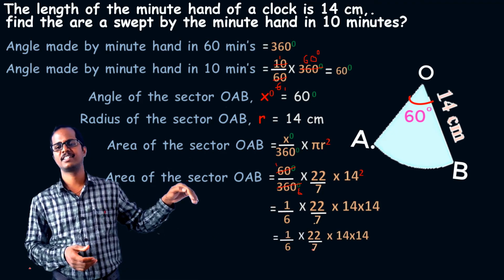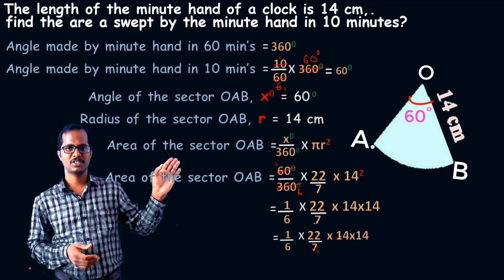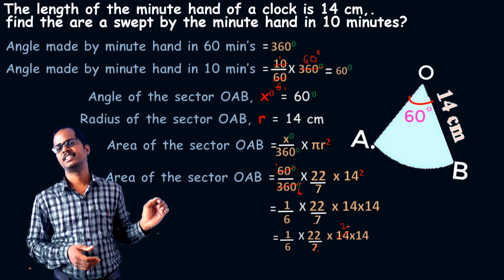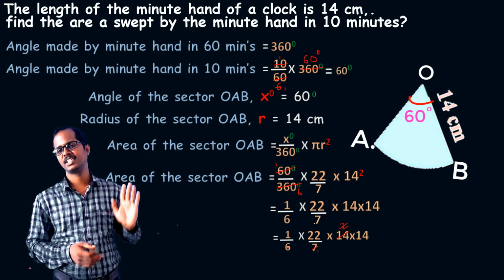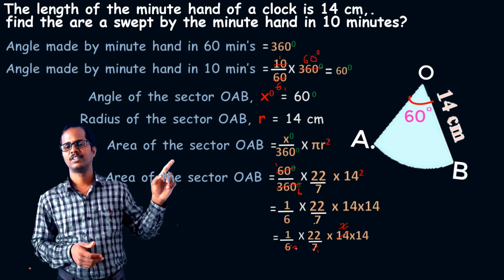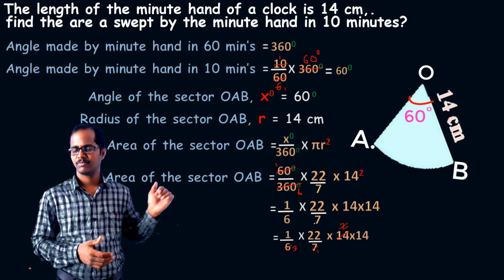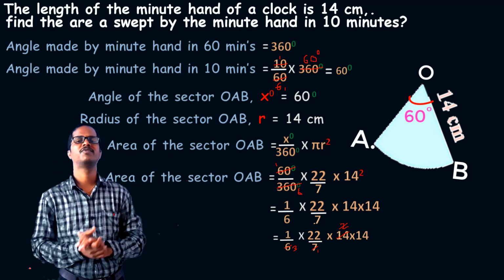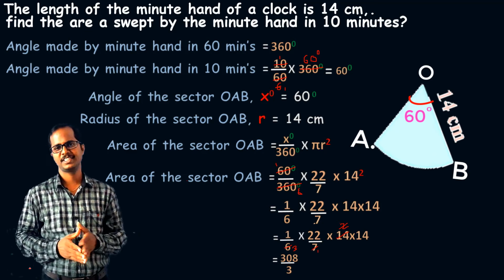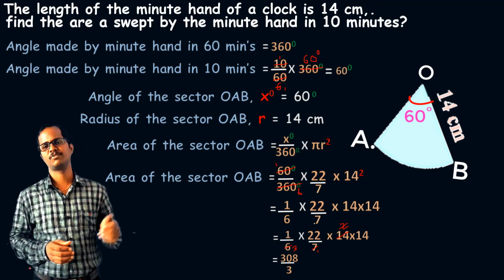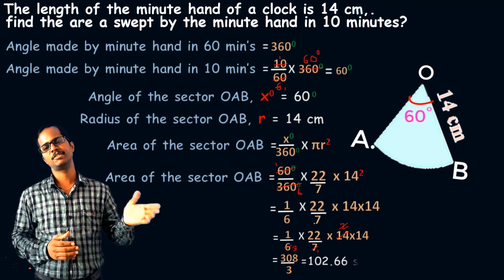Now we can cancel 14 and 7: 7 ones are 7, 7 twos are 14. And 2 and 6 can be cancelled: 2 ones are 2, 2 threes are 6. Now we get 22 into 14 by 3. By multiplying 22 and 14 we get 308 by 3. So by simplifying this we get the area of the sector OAB as 102.66 centimeters square.